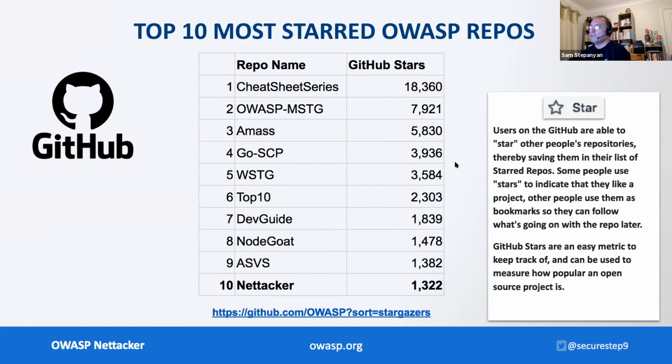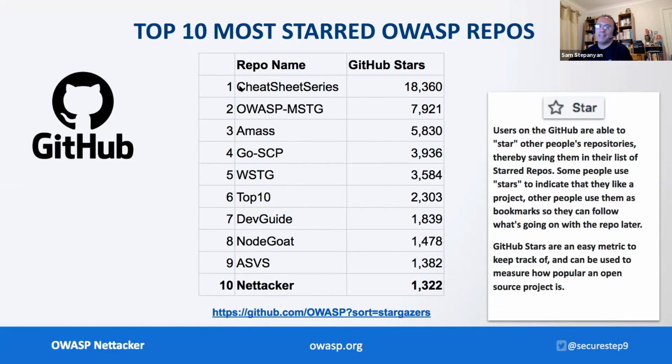But GitHub stars is also an easy metric to keep track of and can be used to measure how popular an open source project is. So currently Nettacker is the number 10 most popular repository on GitHub for OWASP projects.